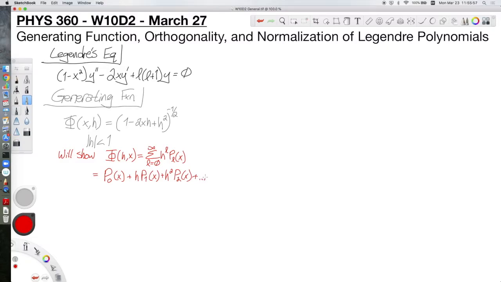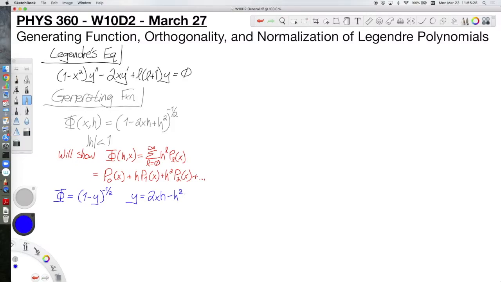There are a couple of ways we can do this, some more formal than others, and we're going to start just by taking our standard binomial series approximation. So we can show that phi, our generating function, or we can just define it to be 1 minus y to the negative 1/2 power, where y is just taking the place of 2xh minus h squared.